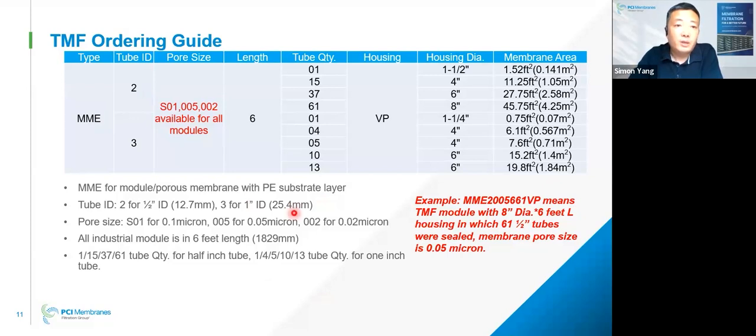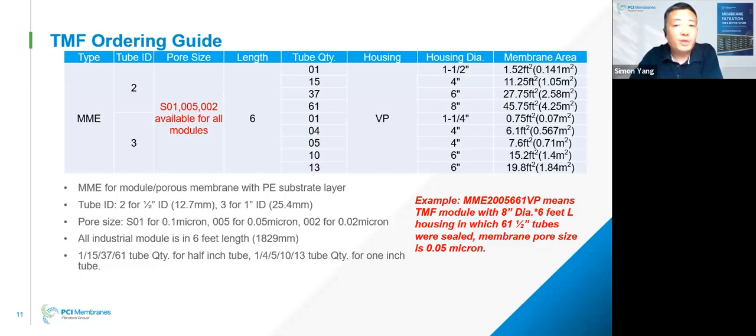And regarding pore size, we have 3 types. S01 means 0.1 micron, and 005 means 0.05 micron, and 002 means 0.02 micron.